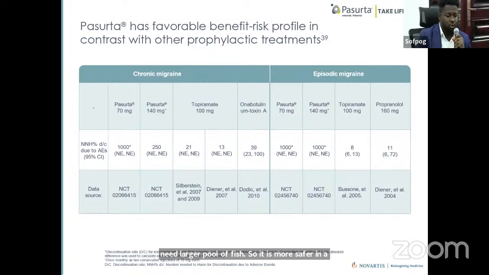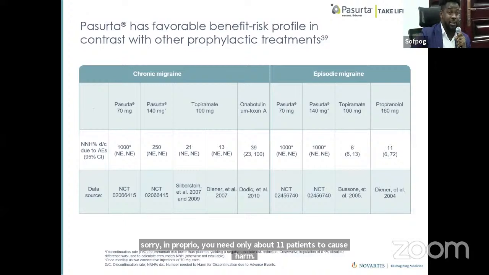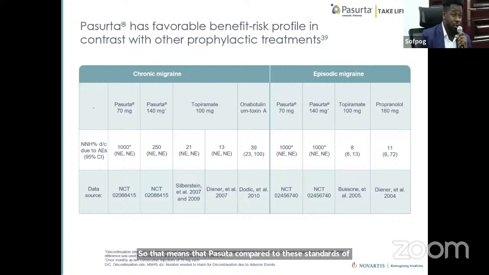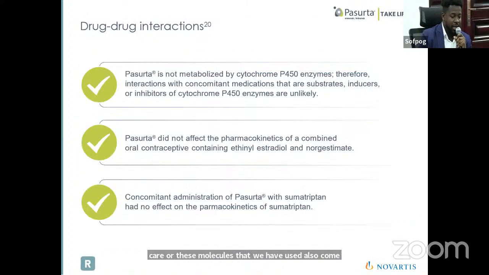Also comparing it to propranolol, with Pasuta you need about 1,000 patients to cause harm in one patient, whereas with propranolol you need only about 11 patients to cause harm. So Pasuta, compared to these standards of care, also comes out strong.